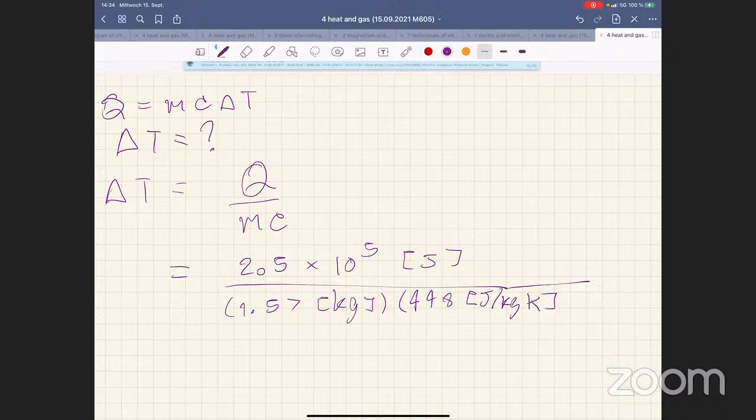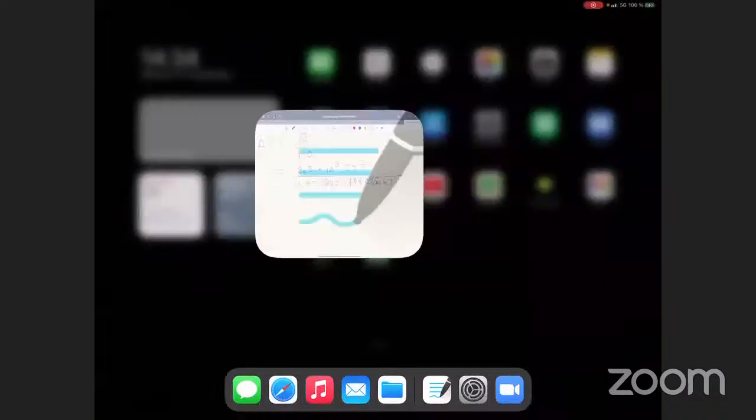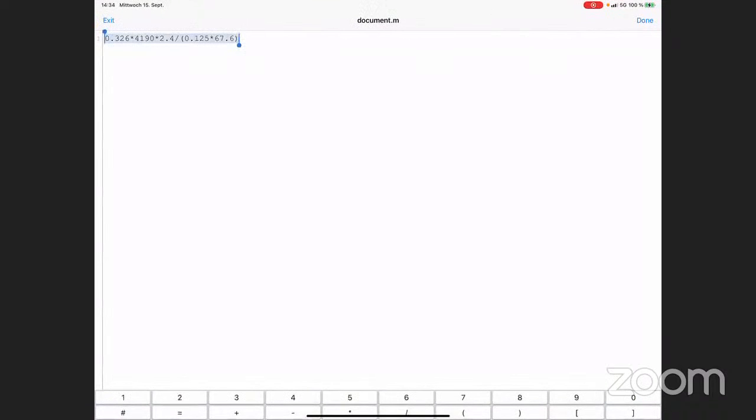All right, it's time to put these numbers into the calculator. We use this: 2.5 E5 divided by 1.57 times 448.